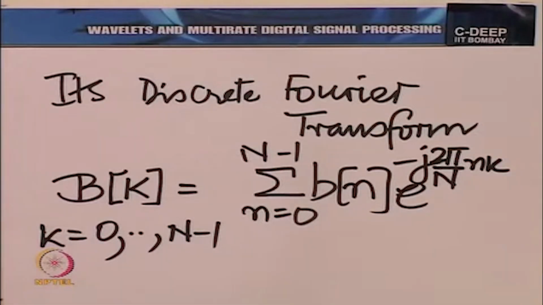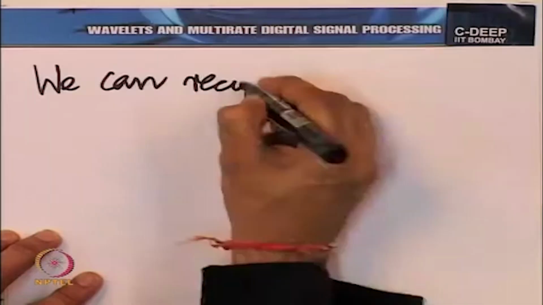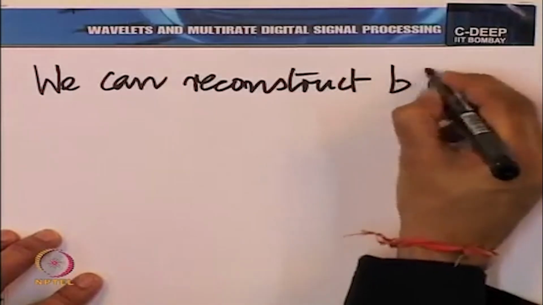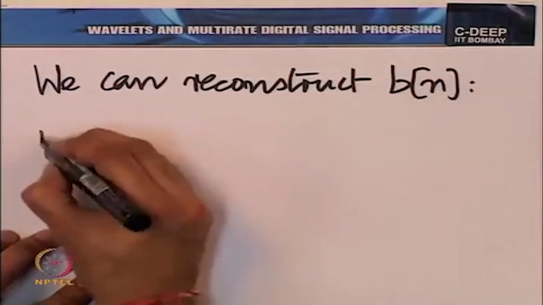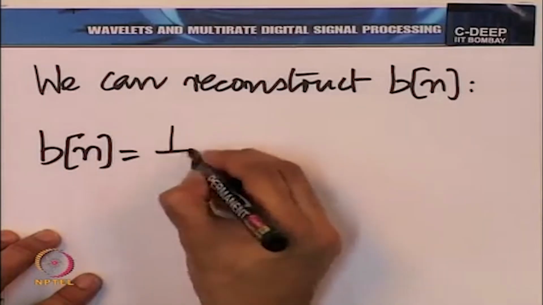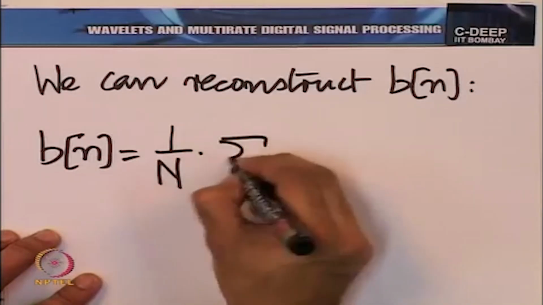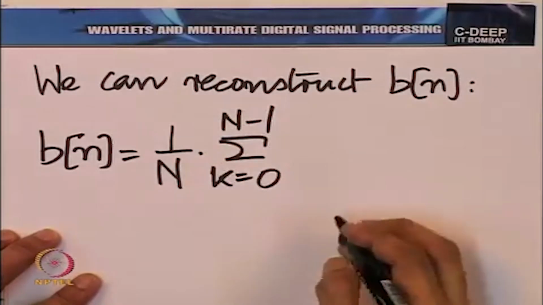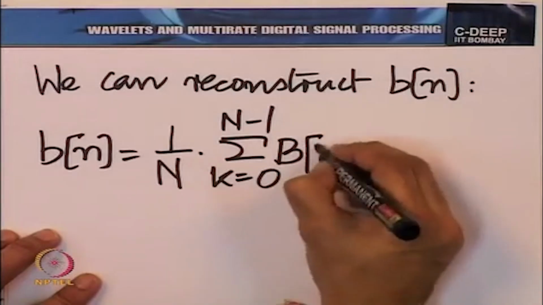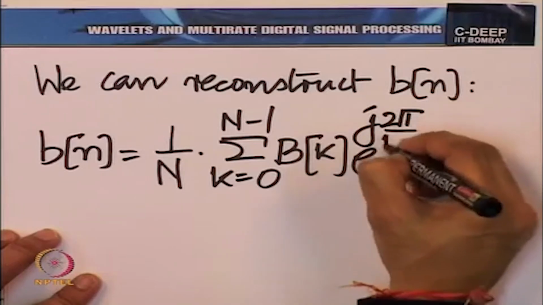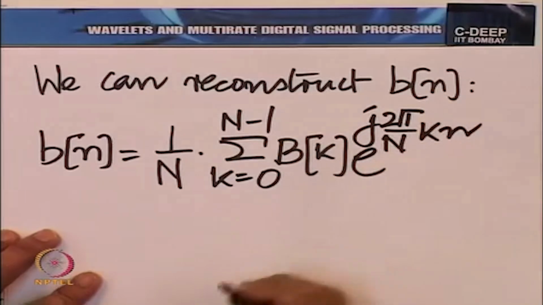And then we can reconstruct B[n] from its discrete Fourier transform. That is easy. B[n] is 1 by N, summation k going from 0 to N minus 1, capital B[k] e raised to the power j 2 pi by N k n.